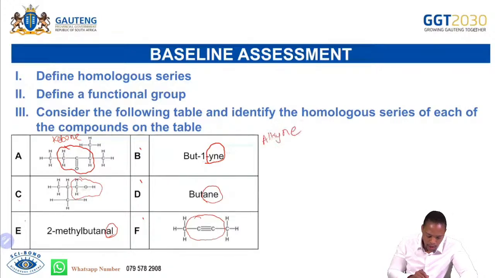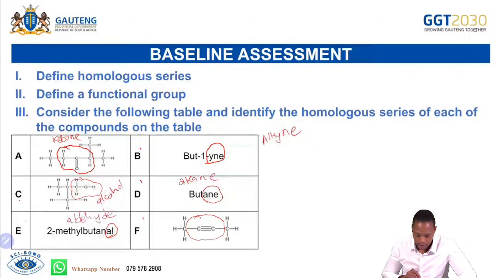You look at this one, you have OH bonded to a carbon. This should tell us we are dealing with an alcohol. Here you have -ane as the name ending. That tells us you are dealing with an alkane. And then here, E, you have -al as the name ending. Al tells us we are dealing with an aldehyde.